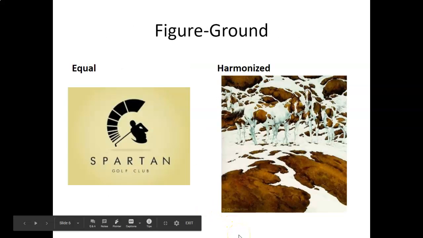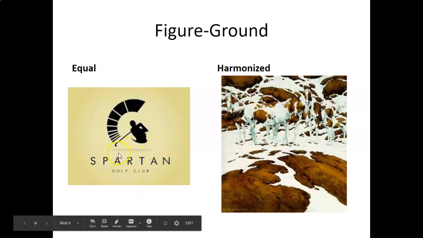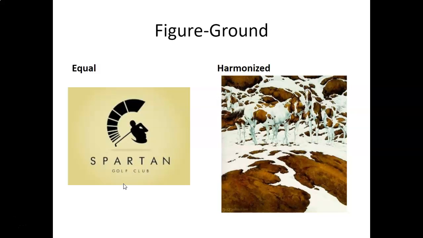In the figure-ground relationship, if it is an equal relationship, that means both the positive, the background, and the object are equal. You get things like this. When you look at the logo, do you see a person with a golf club, or do you see a Roman warrior?